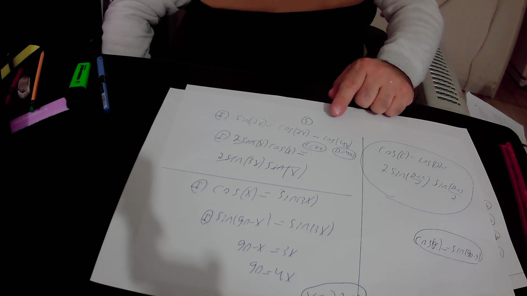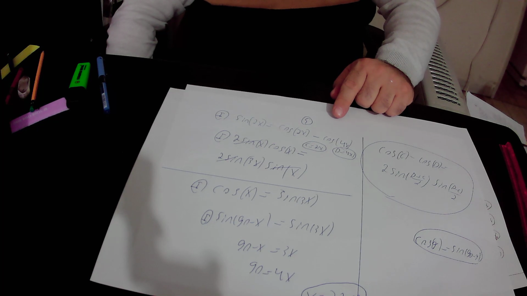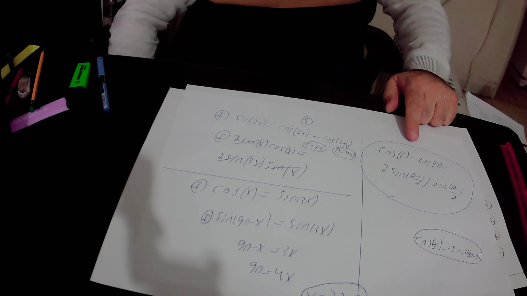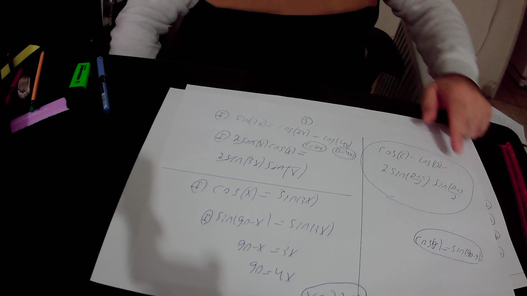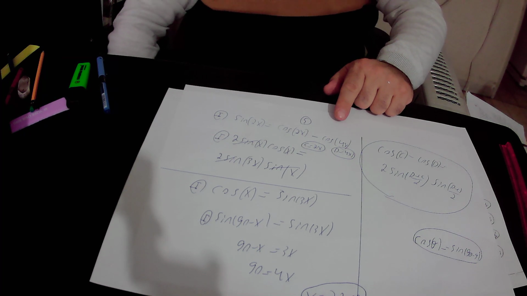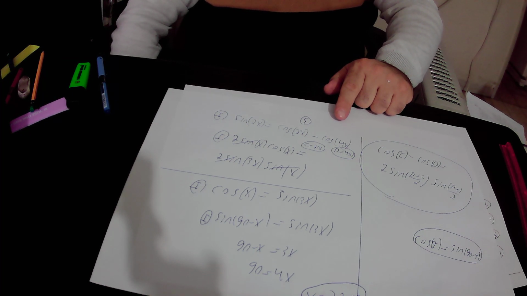And we know that sine 2x equals 2 sine x cosine x, and it equals cosine c minus cosine d, which according to this trigonometric identity equals 2 sine of (d plus c) over 2 times sine of (d minus c) over 2. C is 2x and d is 4x. So (d plus c) over 2 is 2x plus 4x, which is 6x, and 6x over 2 is 3x.